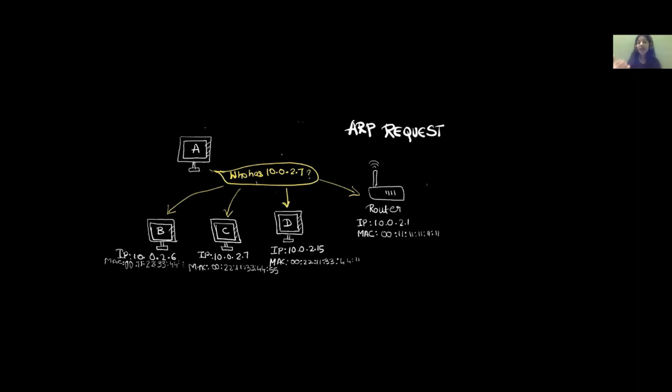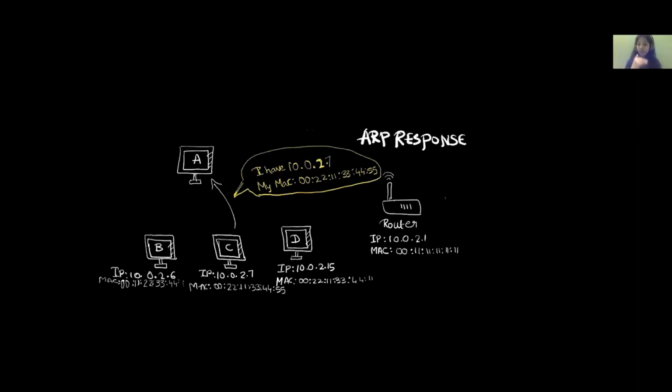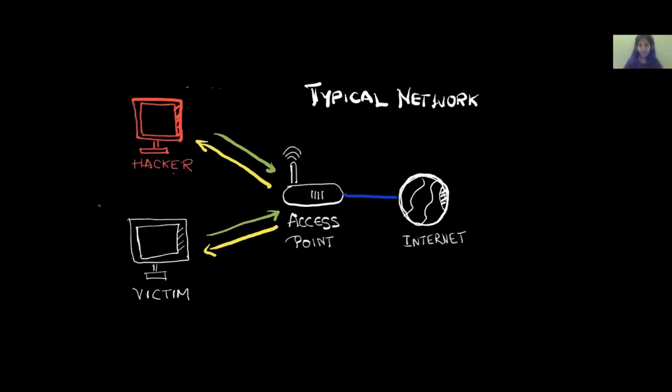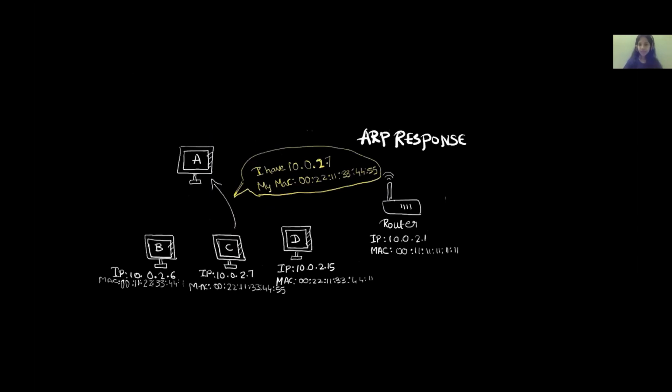That is the ARP request it is sending. The response will be from C, giving its MAC address to A. That is what happens in a normal scenario.